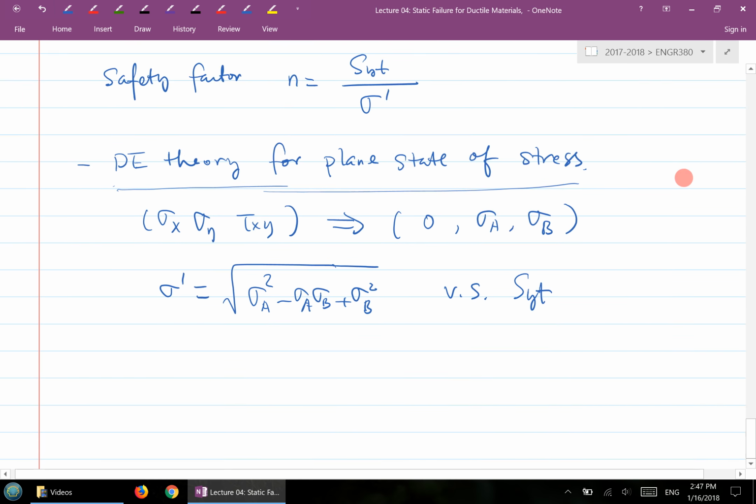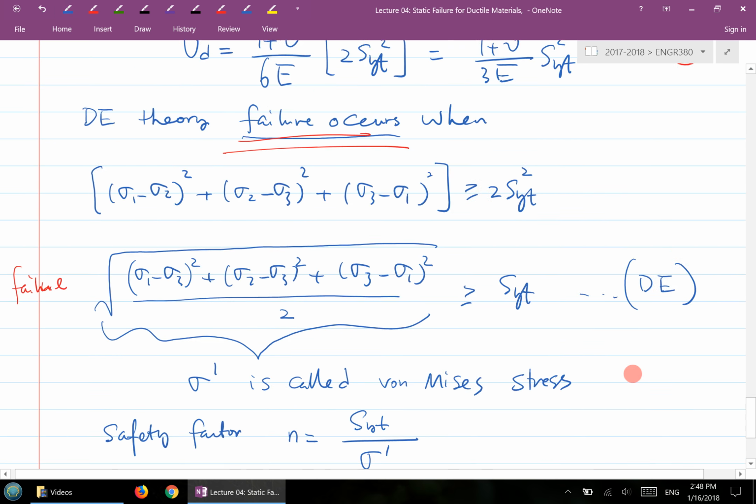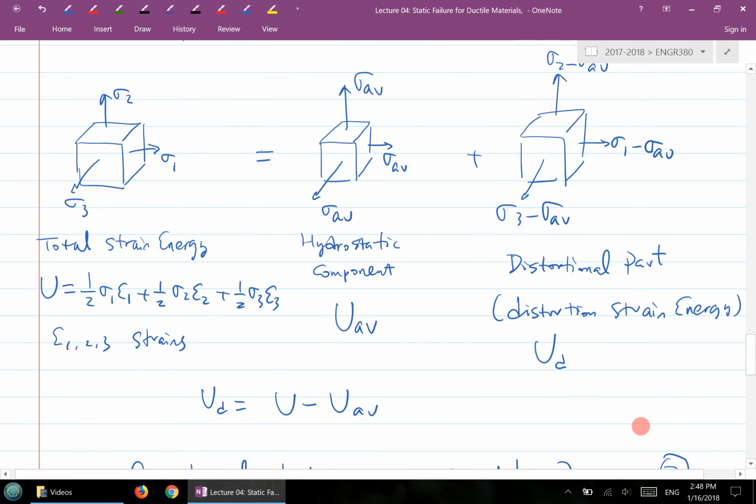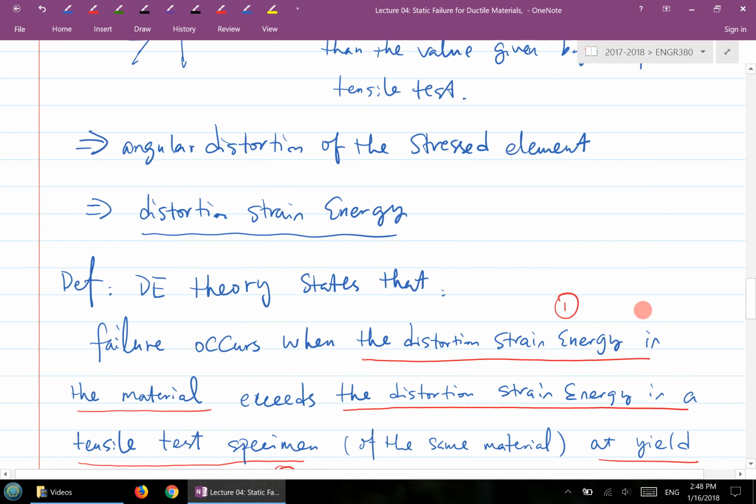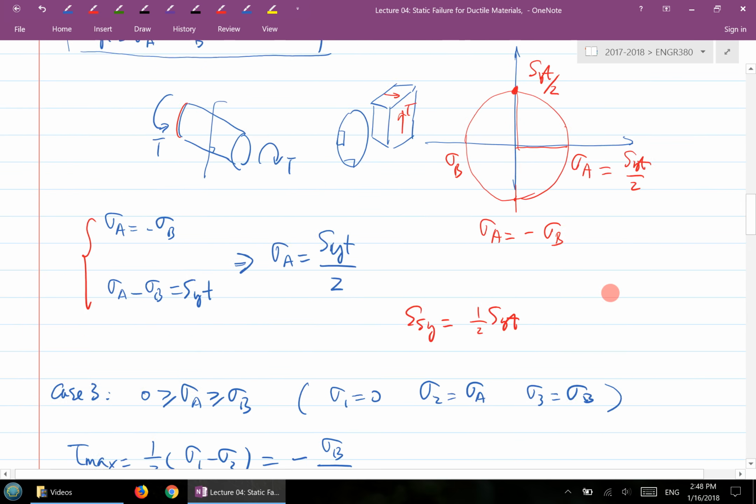Now, you do have the formula for calculating sigma A, sigma B. We wrote it down there.